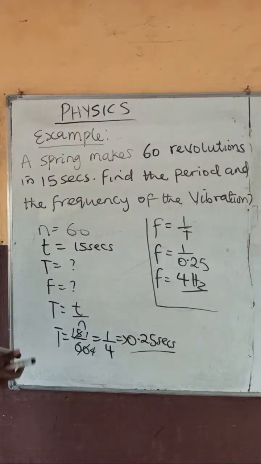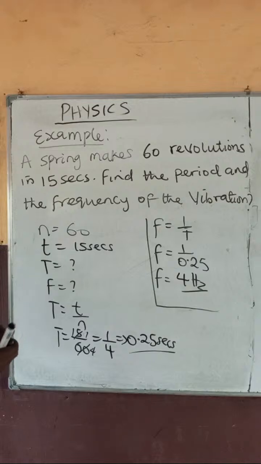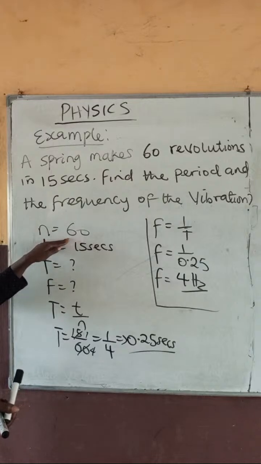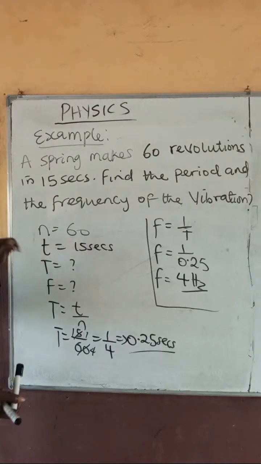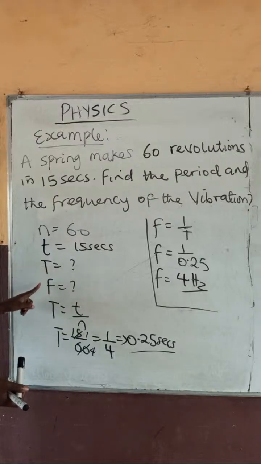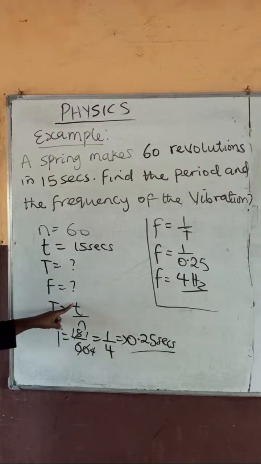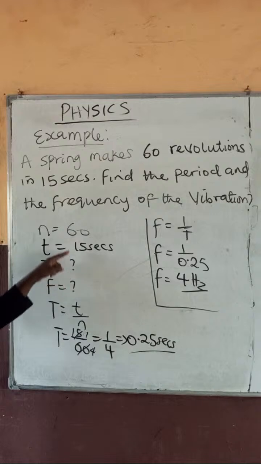Do you understand what I just solved? A spring makes 60 revolutions in 15 seconds. Find the period and frequency of the vibration. What is my n? The number of revolutions or cycles is 60, while the time is 15 seconds. Remembering that our period is time taken over number of complete oscillations, my time taken is 15 and my number of oscillations is 60.